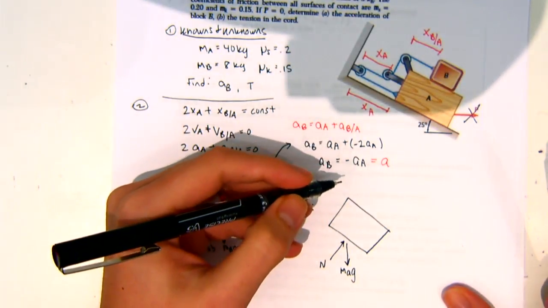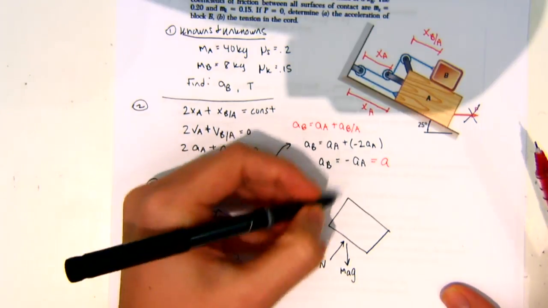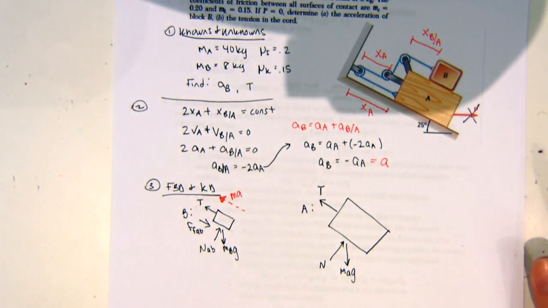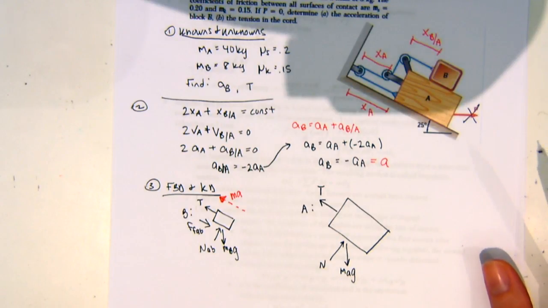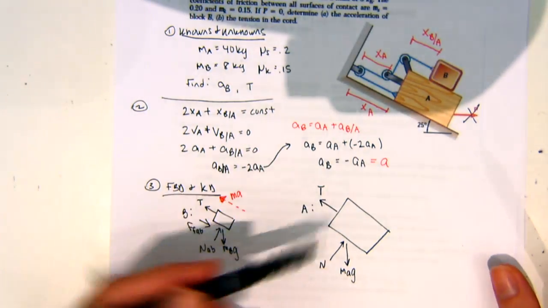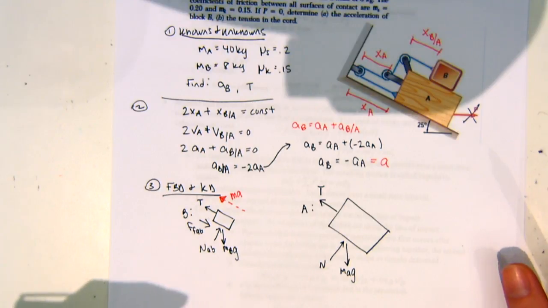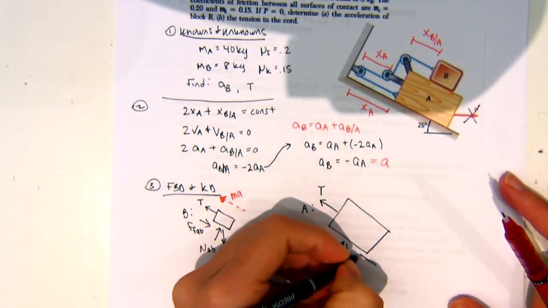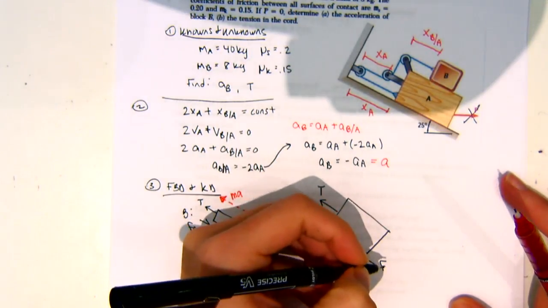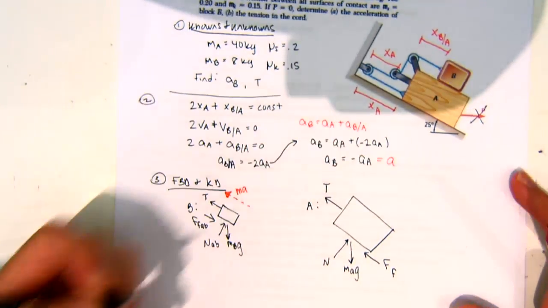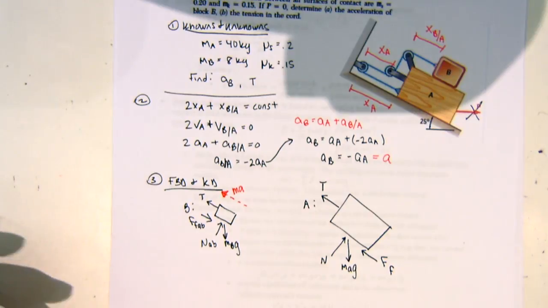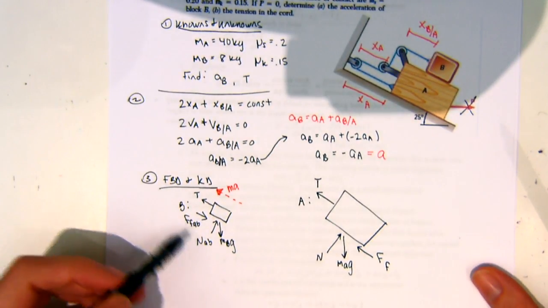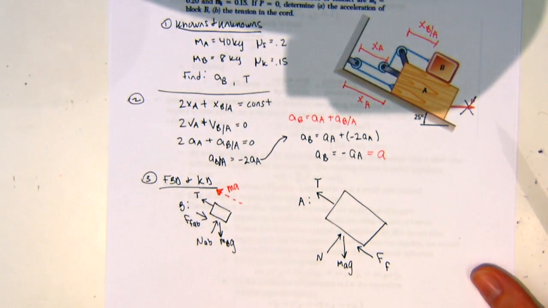So essentially, we just end up with one T pulling A up the slope. Let's see. I'm going to assume that A is going to go down the slope. So we can say that the friction goes up the slope. So I'm going to call this force of friction, that's just the contact between A and the surface. But I can't forget the normal and the friction that are in between A and B.